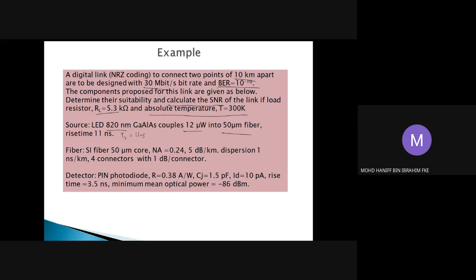For the fiber, we have a 50 micrometer core, which is the multi-mode fiber. The numerical aperture NA is 0.24. The attenuation, alpha, is 5 dB per kilometer. The dispersion is 1 nanosecond per kilometer, and 4 connectors with 1 dB each.